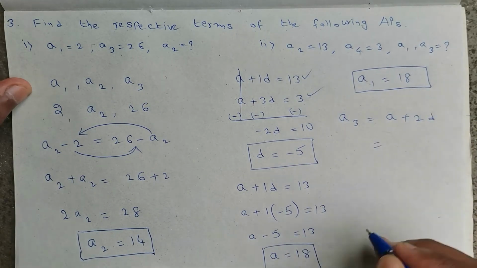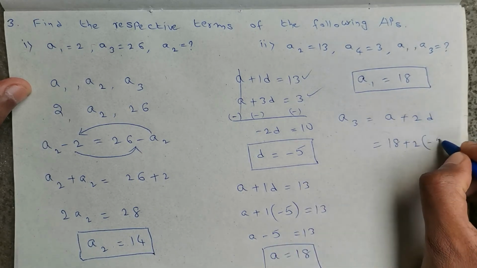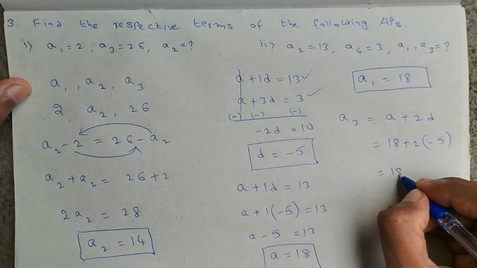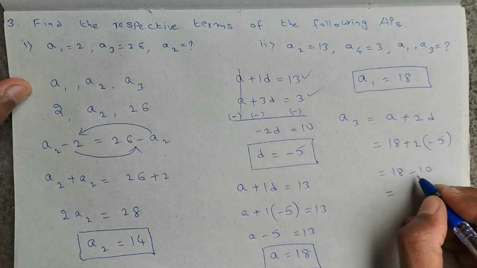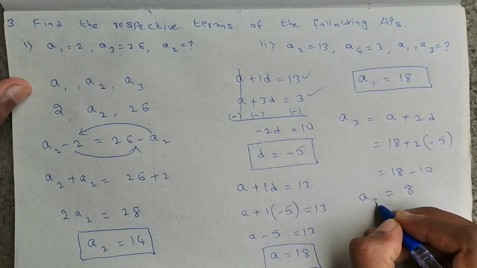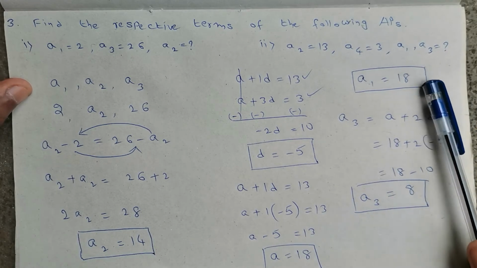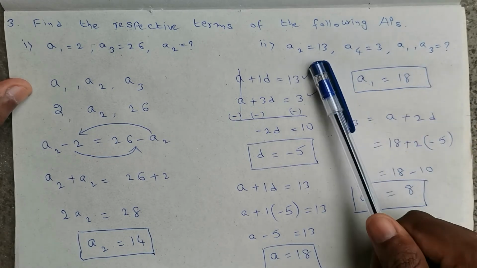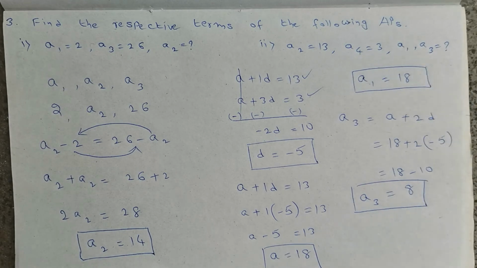We know the A value, that is 18, plus 2 into the common difference, minus 5. So 18 plus 2 into minus 5, 2 fives are 10. 18 minus 10 is 8. So A3 is equal to 8. So A1 is 18, A2 is given already, A3 is 8. A1 and A3 he is asking to find, and we got those values.